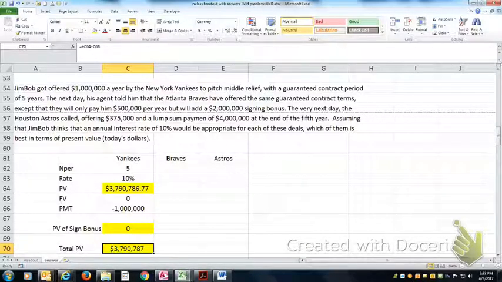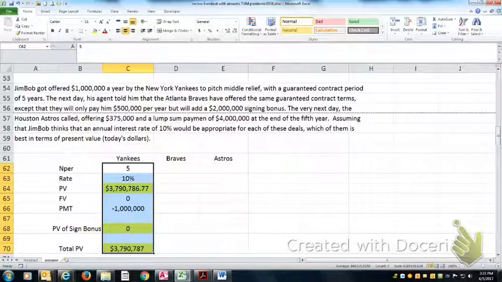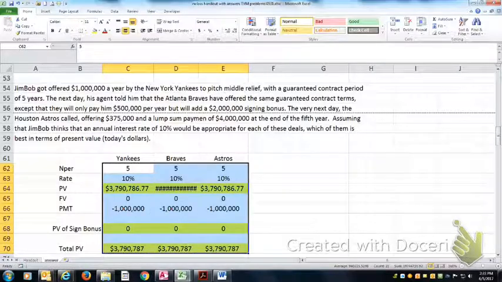And that means that of the total $5 million that Jim Bob would earn over this 5-year period, it's the equivalent of having $3.79 million plus earning about $1.2 million of interest, and that's where the total $5 million comes from. All right, so let me copy this over to these other 2 offers.